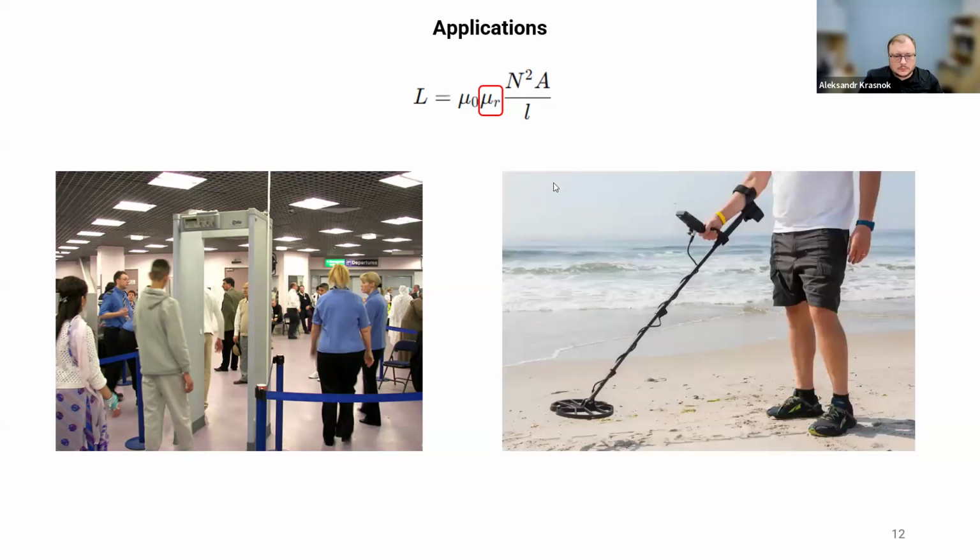Another example among hundreds and thousands of other examples is metal detectors, right? You have this coil in here. This coil has some inductance, and as this coil comes close to any metallic thing, rings, coins, it will unavoidably change this inductance, and you will be able to detect that.